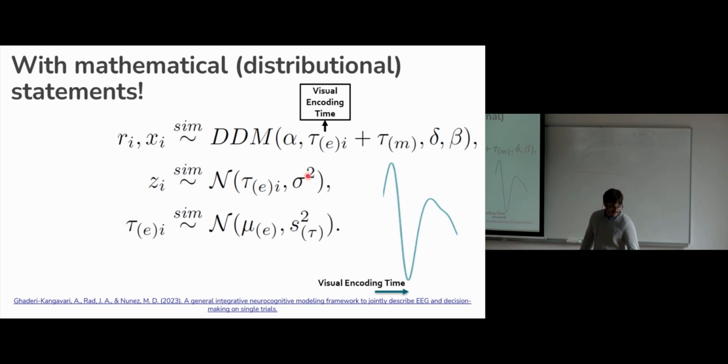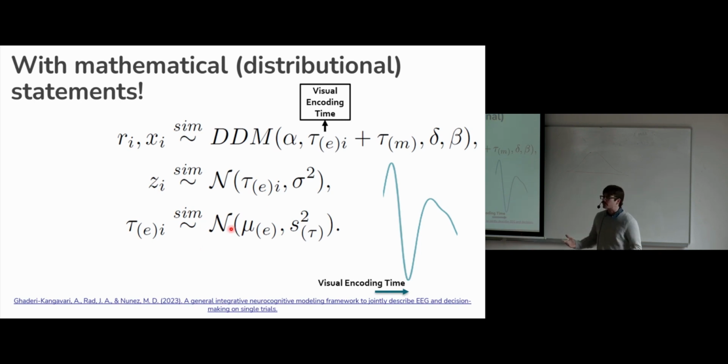And now another key here is that the EEG on a single trial is not only due to the variance in that visual encoding time, but it's due to any other variance, which is sigma squared. And so this is like the noise term, which is literally any cognition or anything that's not descriptive of visual encoding time. And then just something to model the fact that there's trial-to-trial variance in visual encoding time. That's just the last statement here.